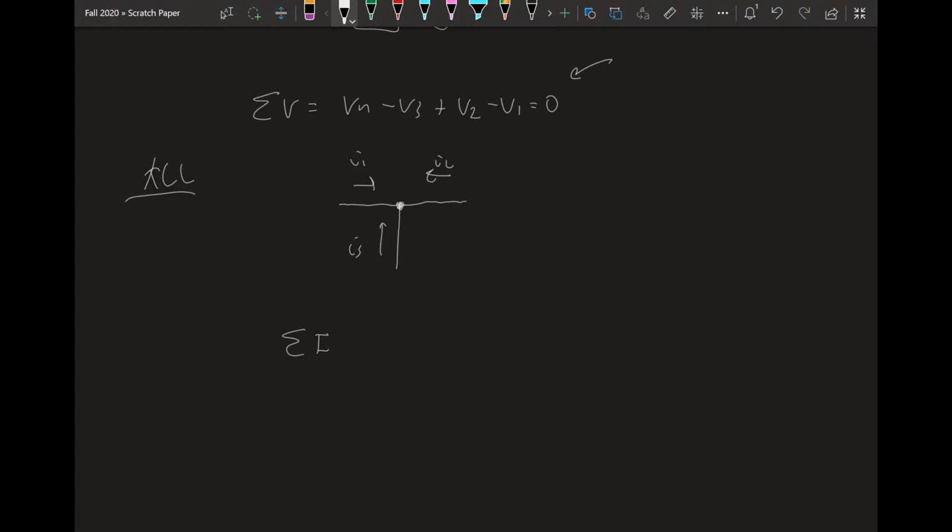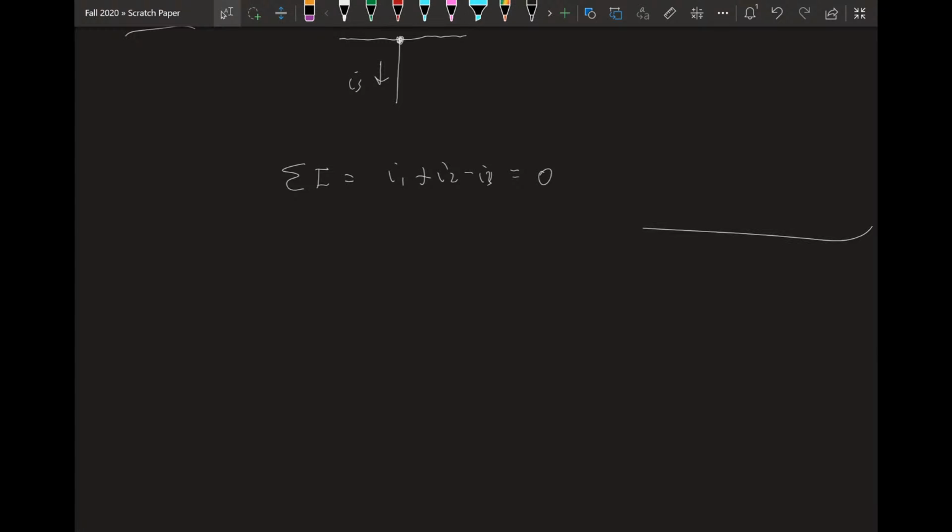So I will write this as sum of the currents equals I1 going in. Oh, actually, let's make I3 going out. I1 going in plus I2 going in and minus I3 going out. And that's going to equal 0, according to Kirchhoff's current law. And you could use the opposite convention as well, just make sure you're consistent.